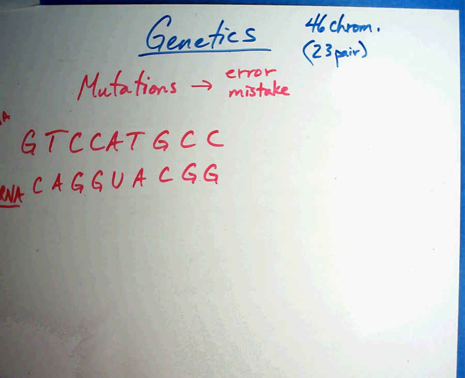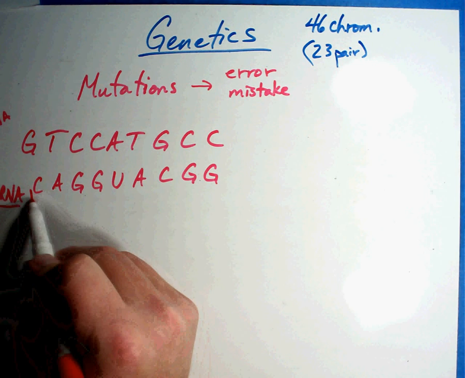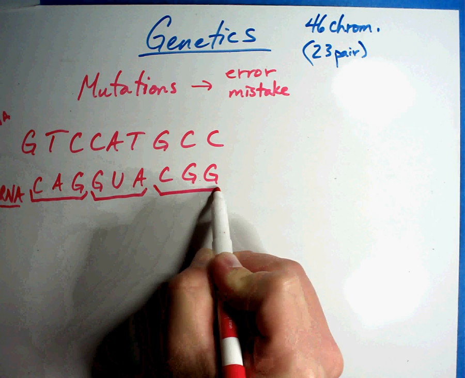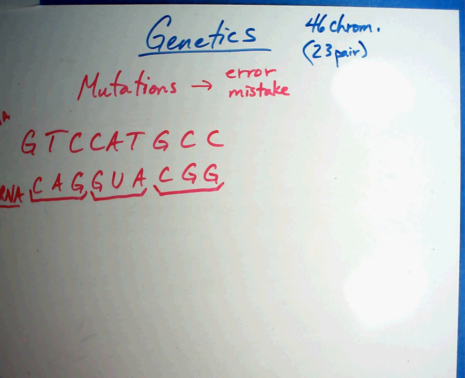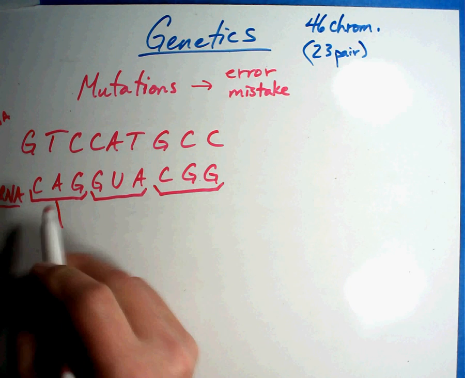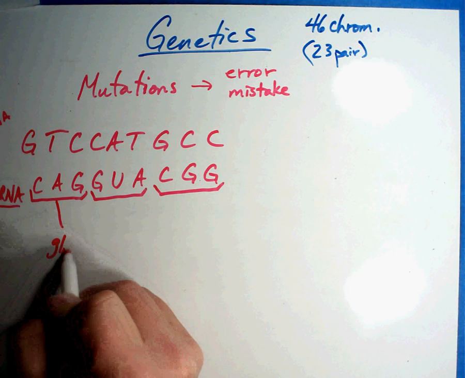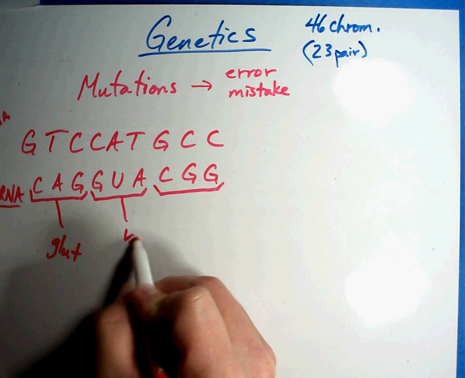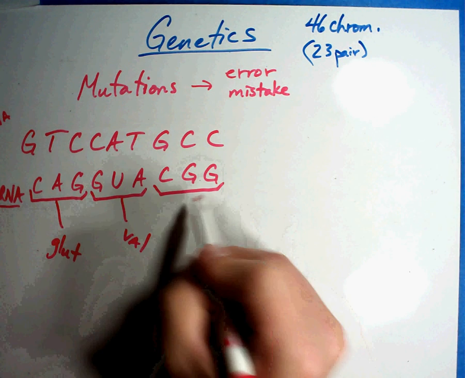That's normal. And remember, when you would run it through your ribosomes, you read it in threes with all your transfer RNA and all that kind of stuff, and it works great. When you run it through, you should get these three would make glutamic acid, and these three make valine, and this one makes arginine.